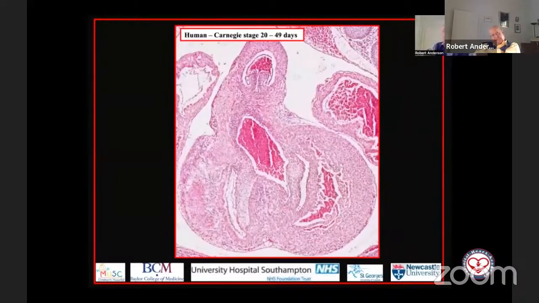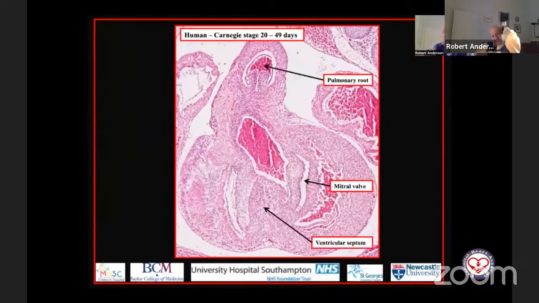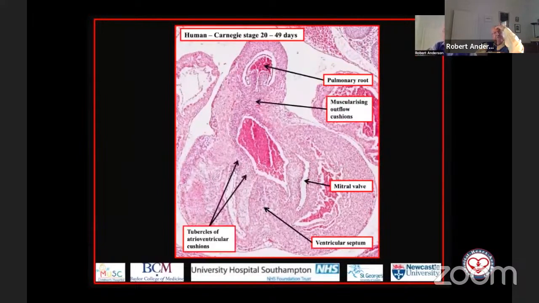It's a human heart. We are at the end of the 7th week of development. There you see the mitral valve, the ventricular septum, the pulmonary root. And separating the pulmonary root now from the aortic root, we have those muscularizing outflow cushions. But there are those two tubercles that have now fused together.